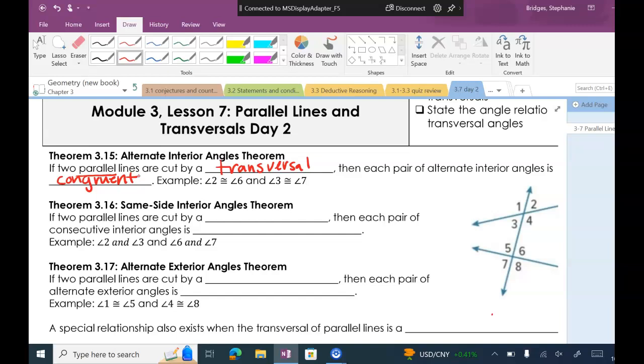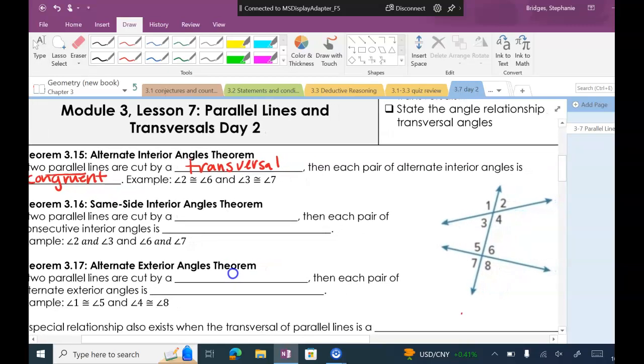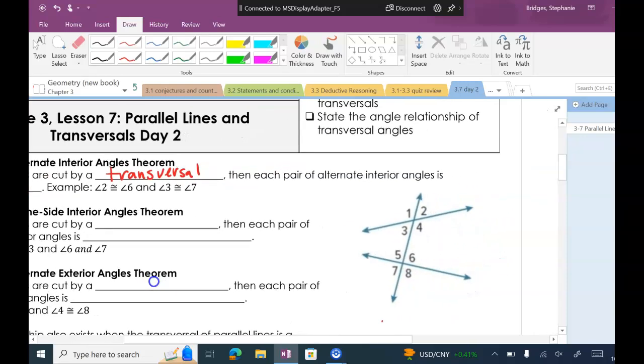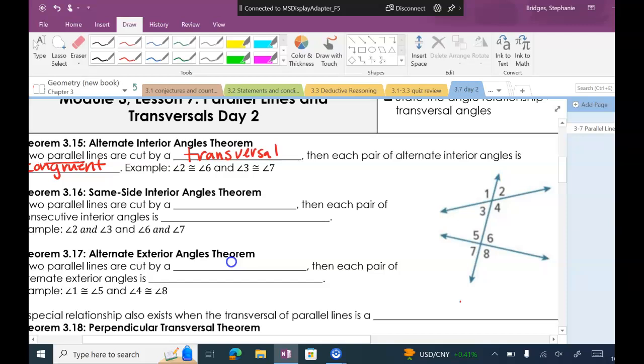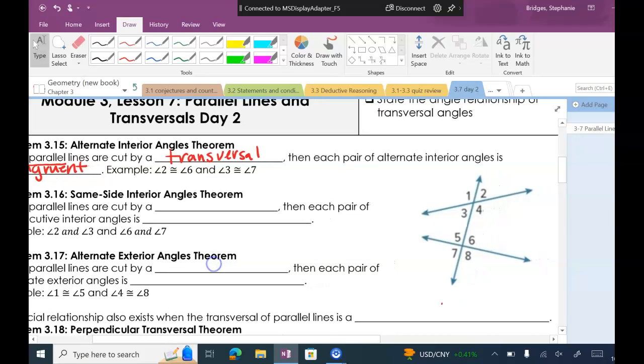And then it even gives an example in the picture. That is not the right picture. Let's scratch that example out. I did not notice that was not correct. Give me one pair of alternate interior angles in that picture there. 4 and 5, and then what else? 3 and 6.